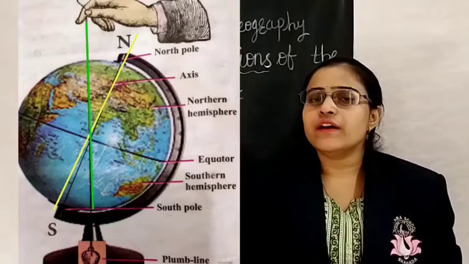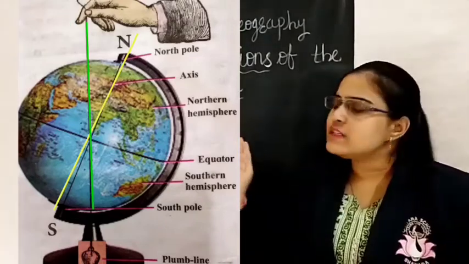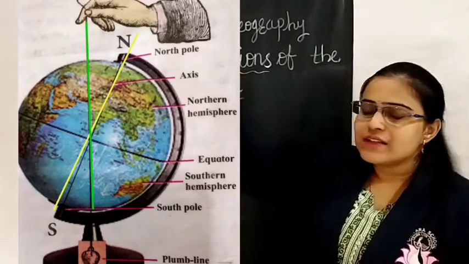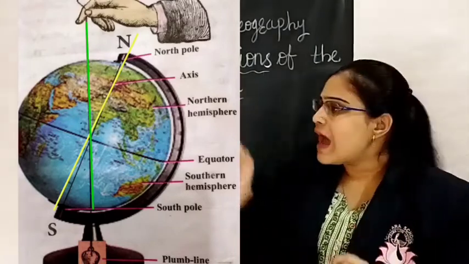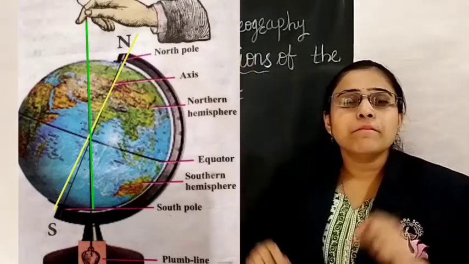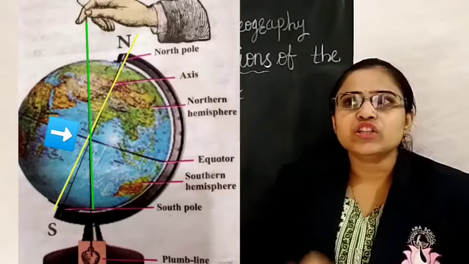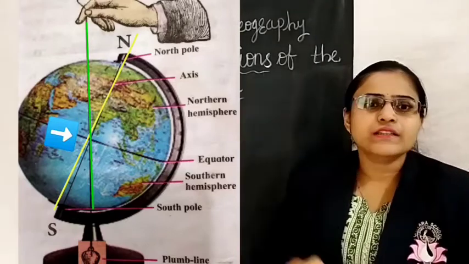Now we will start our activity. As we spin the globe, we can see the plumb line and the axis make an angle to each other.